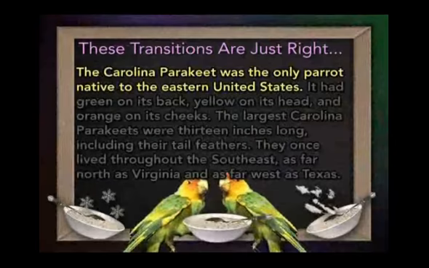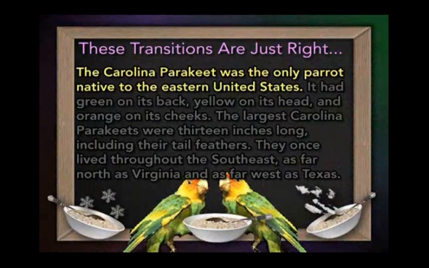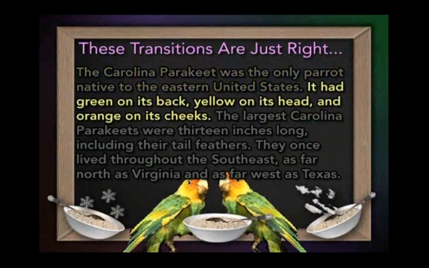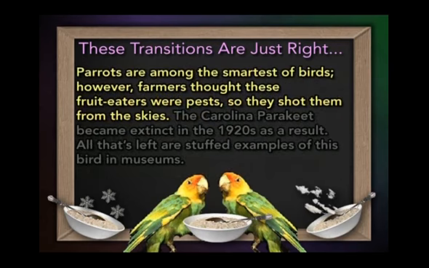So I've got: the Carolina parakeet was the only parrot native to the eastern United States. Relatively short, simple sentence. It had green on its back, yellow on its head, and orange on its cheeks. The same. Then I get something interesting. Something like this: parrots are among the smartest of birds. However, farmers thought these fruit eaters were pests, so they shot them from the skies.